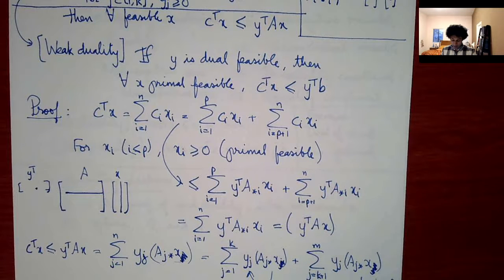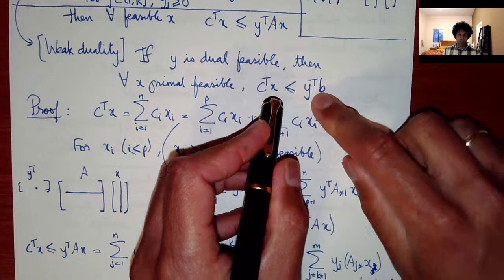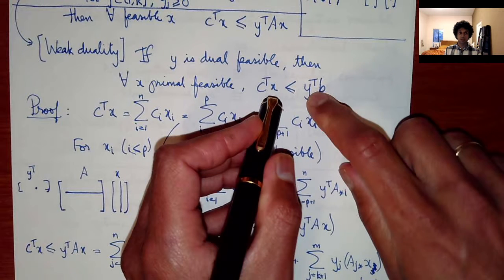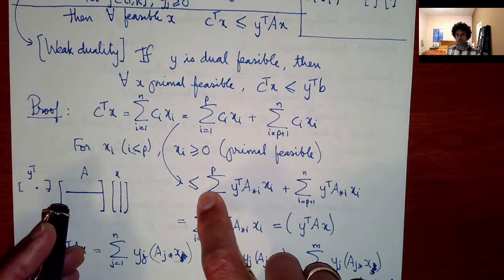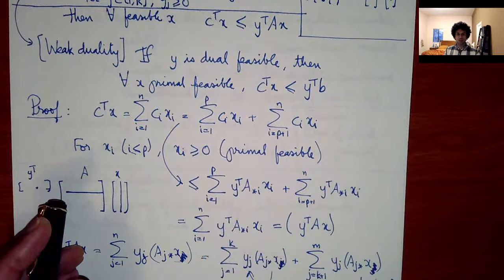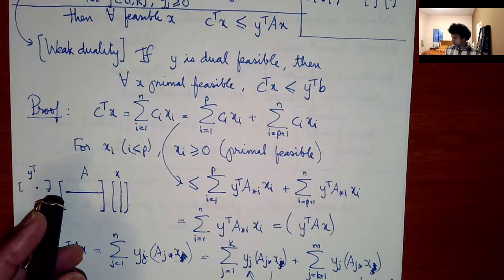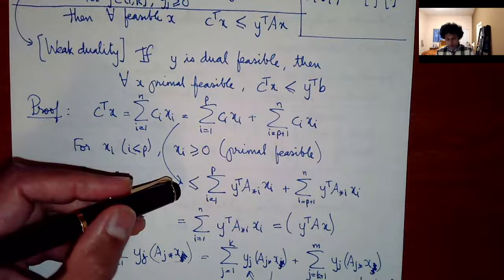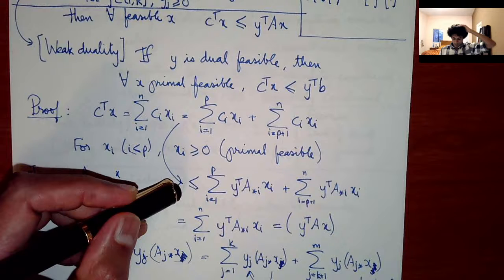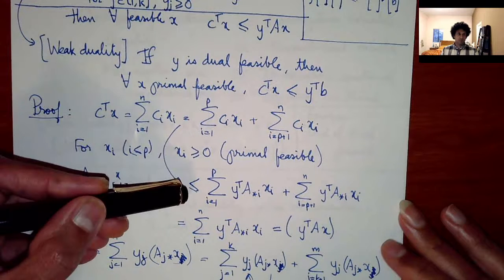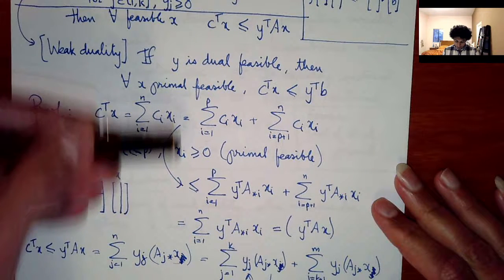So if x was x hat and y was y hat, these should be equal, which means you cannot have a strict inequality in any of these scenarios. When could you have a strict inequality here?